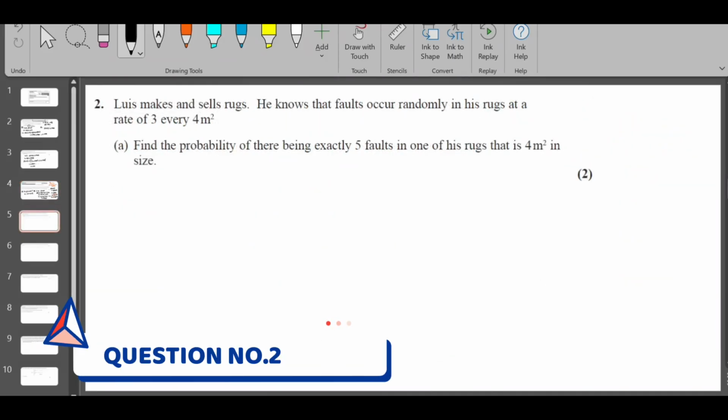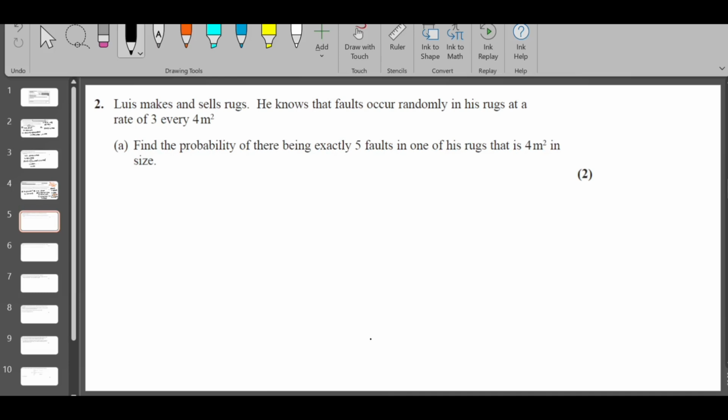Question number 2. Louis makes and sells rugs. He knows that flaws occur randomly in his rugs at a rate of 3 per every 4 meter square rug. Find the probability that there are exactly 5 flaws in one of his rugs that is 4 meter square. They are using the same measurement, so you can take lambda as 3. X follows Poisson distribution of 3.